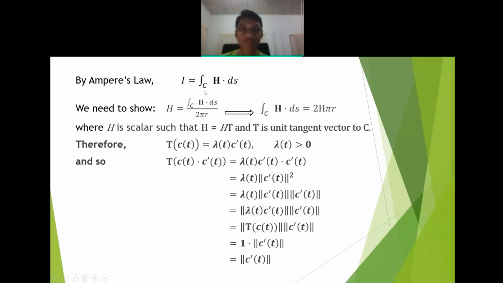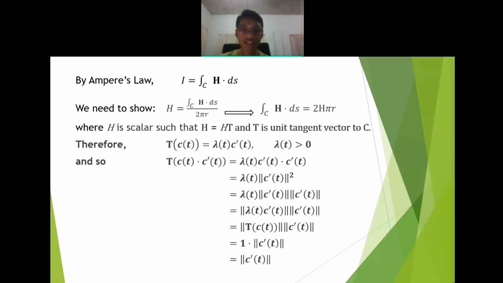We need to show that italic H equals the integral of H ds over 2 pi r, that is, we need to show that the integral of H ds equals 2 H pi r, where H is a scalar such that the bold H equals H times T, and T is the unit tangent vector to circle C.